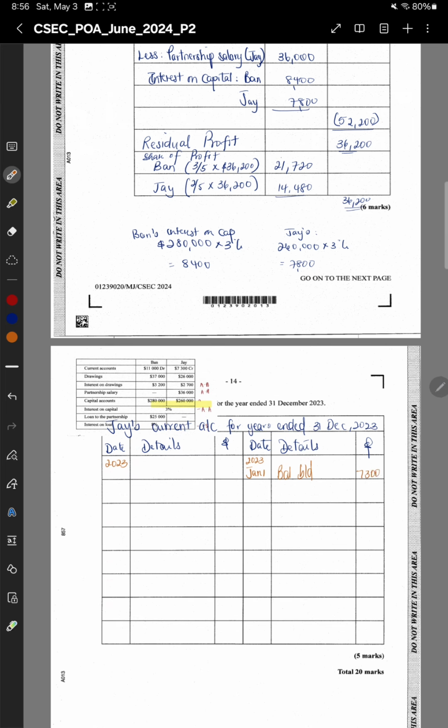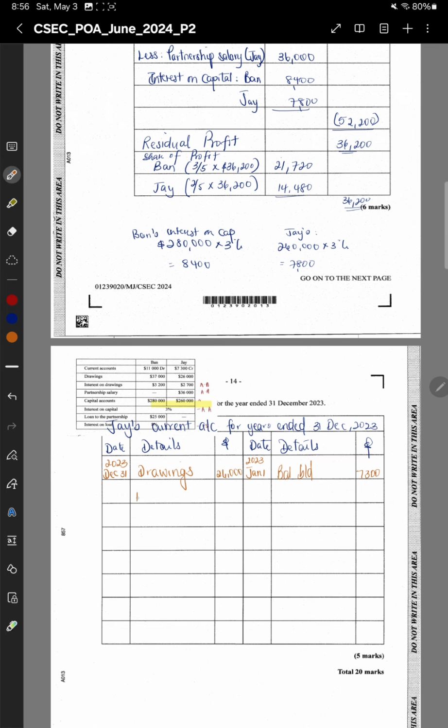Alright, so the next item is drawings. This is from January to December 31st. How is it going to fit here? Anyway, drawings, and we have $26,000.